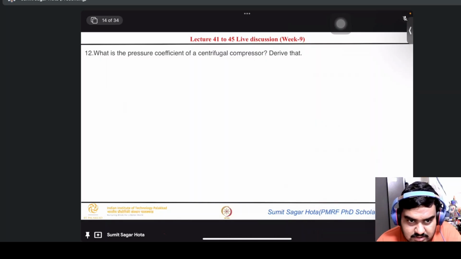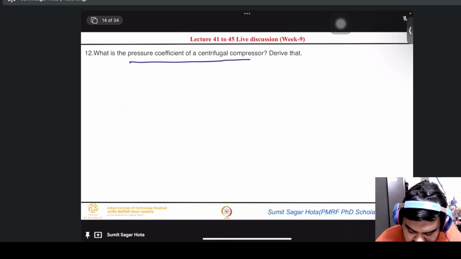Let this pressure coefficient of the centrifugal compressor be psi p, and we have to derive that.